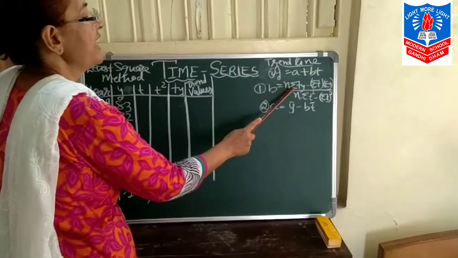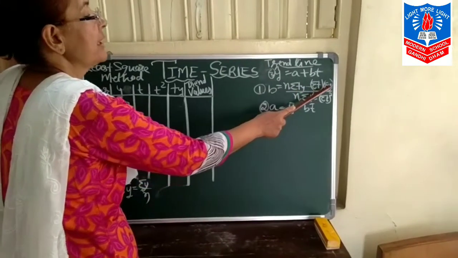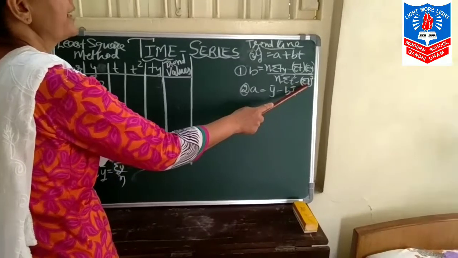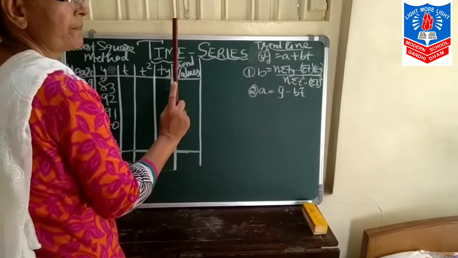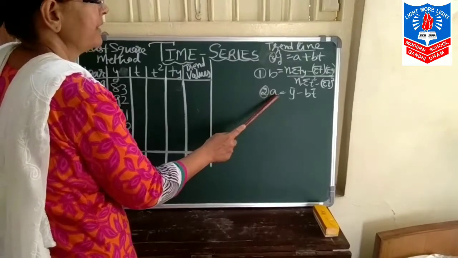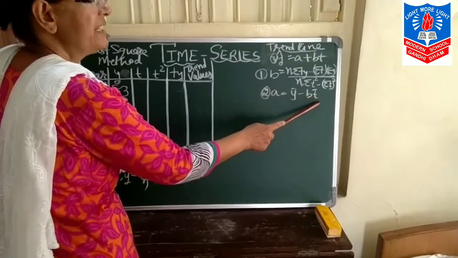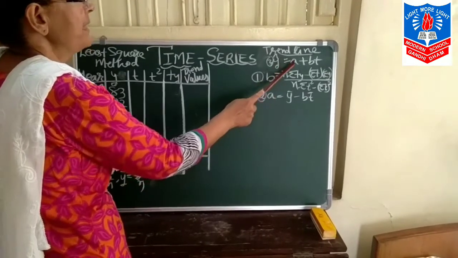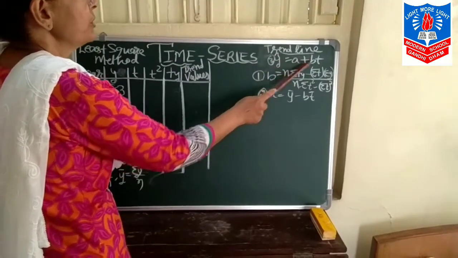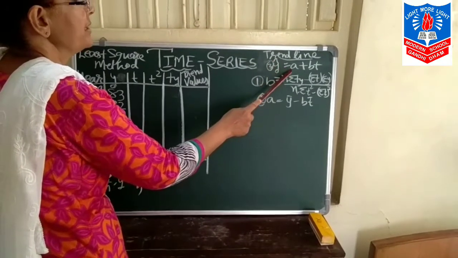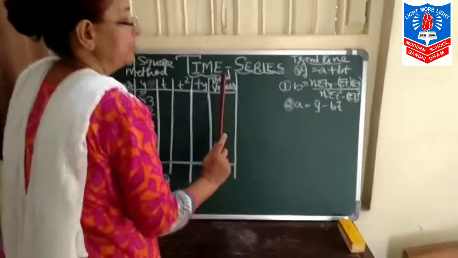Like here you can see n sigma ty minus sigma t into sigma y upon n sigma t square minus sigma t whole square. Second step, we find a, that is y bar minus b t bar. And third, using a and b values, we put both these values in this trend line, that is estimated value of y is equal to a plus bt.